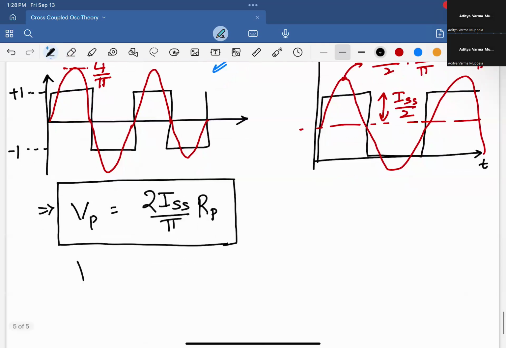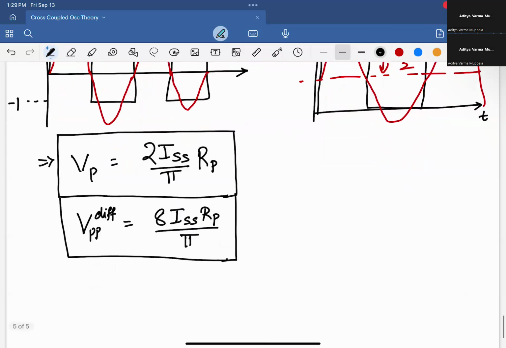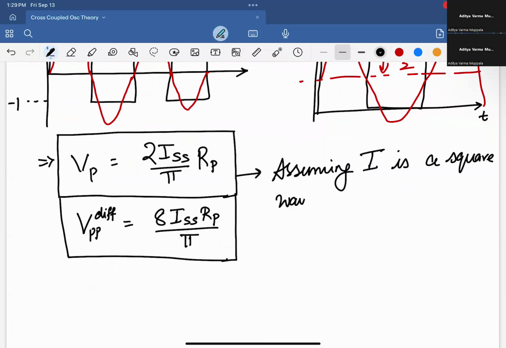Okay, so of course the peak to peak differential should be 8 times this value, right? Because the peak to peak is twice of this, and then differential gives you another factor of 2. That makes it 8 times, right? So again, keep in mind that this is assuming I is a square wave, right? Which is not exactly true.